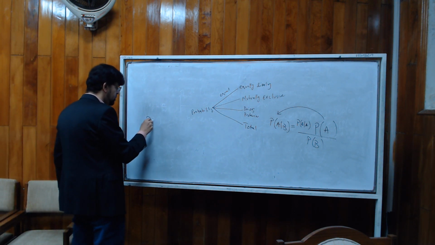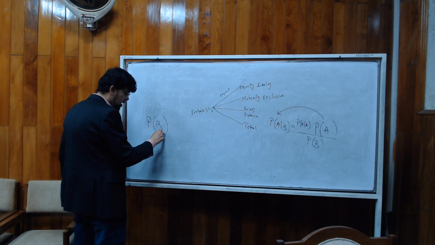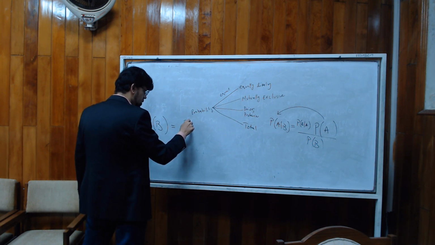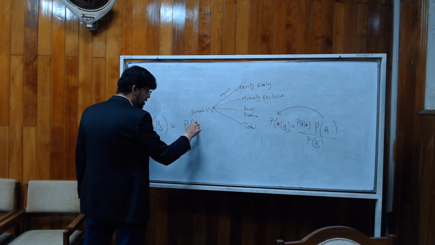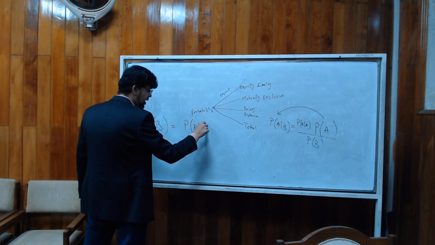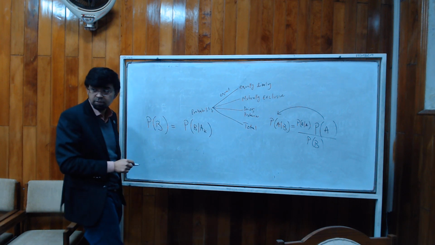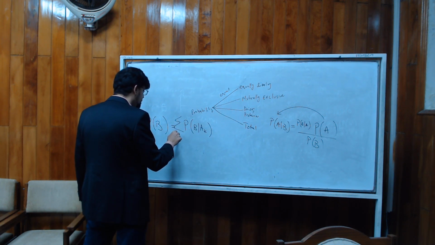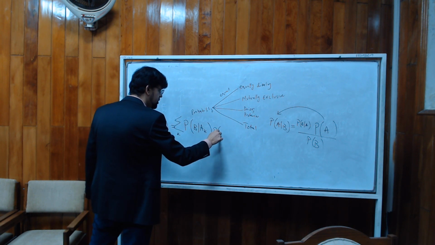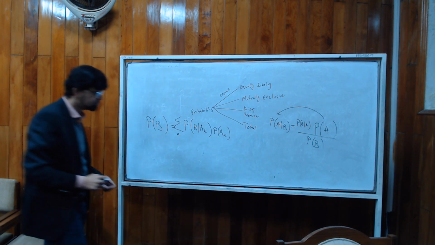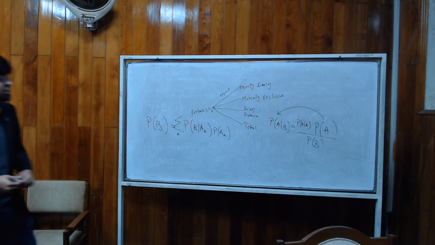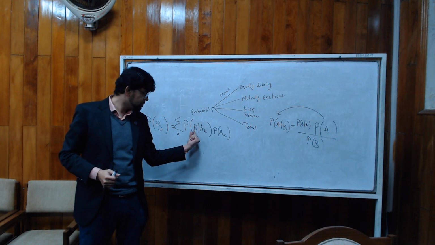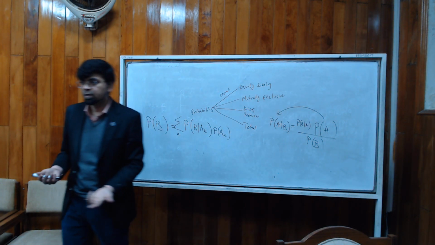And we said the probability of B happening equals the summation over k of probability of B given A_k times probability of A_k. Essentially this is what you know from the formulas.